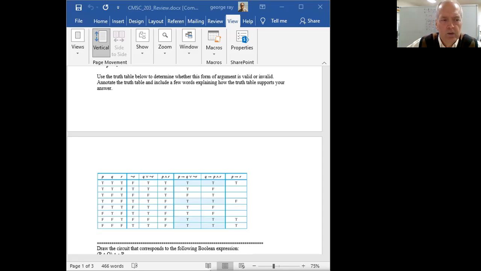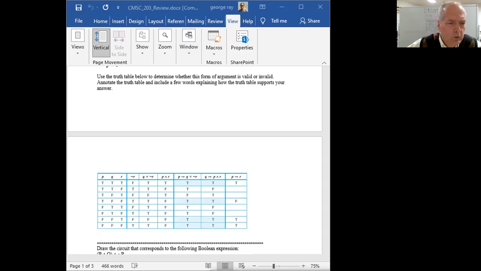So we have 2 to the third, and that gives us 8 possible combinations of truth values. And so we write those out for P, Q, and R. And then we do some intermediate work to get not R, Q or not R, and P and R to make it easier to determine the truth values for the two premises.